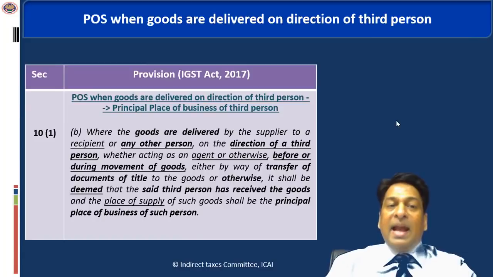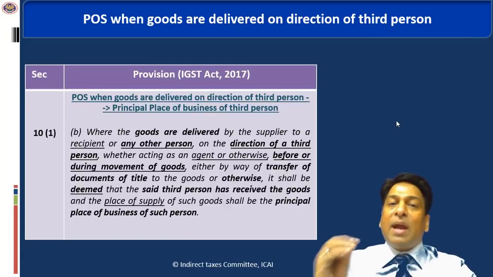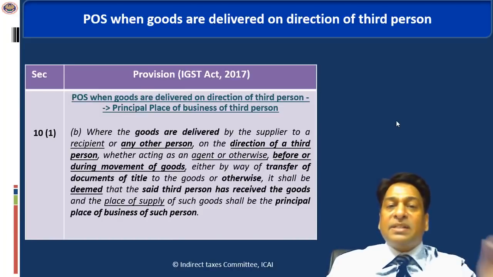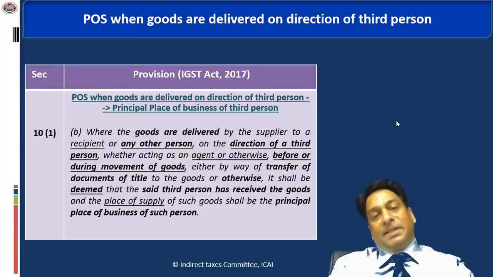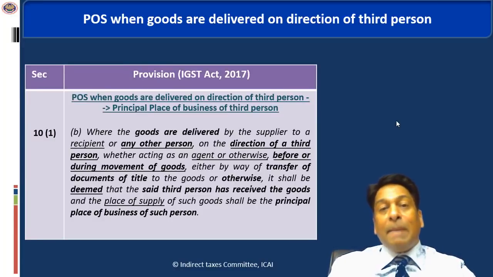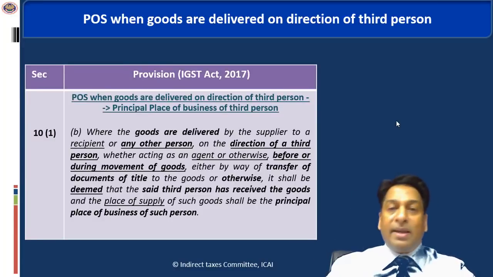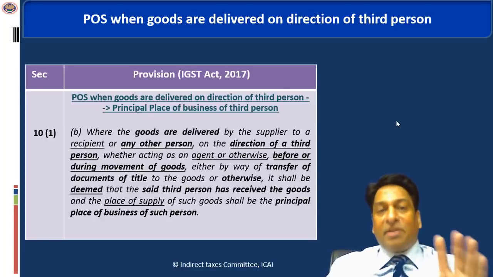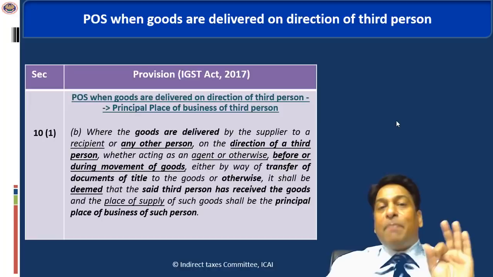Go further, and then we will do some practical case studies to analyze the provision in detail. Section 10(1)(b) determines place of supply when goods are delivered on the direction of a third person, meaning thereby a bill to ship to model, or in-transit sale. So there are three parties involved.